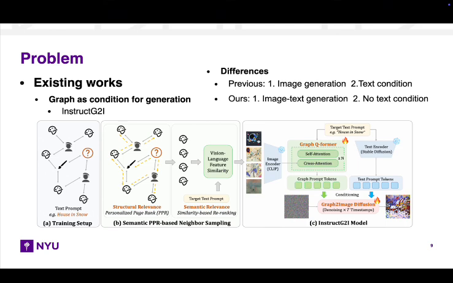The previous InstructG2I model only has image generation with text condition. For ours, we have image-text generation and no text condition.